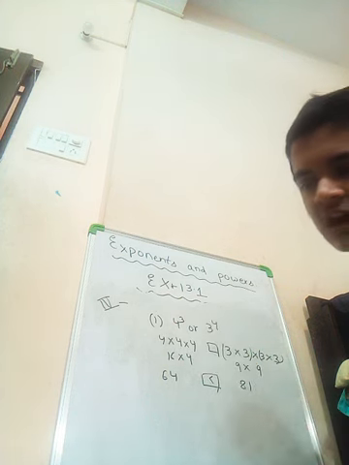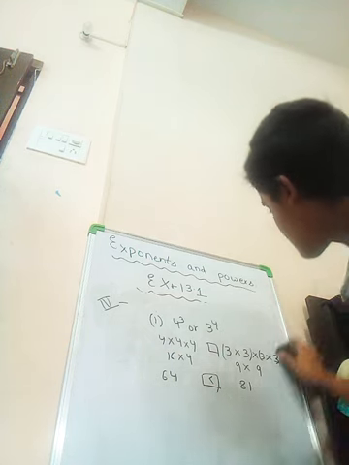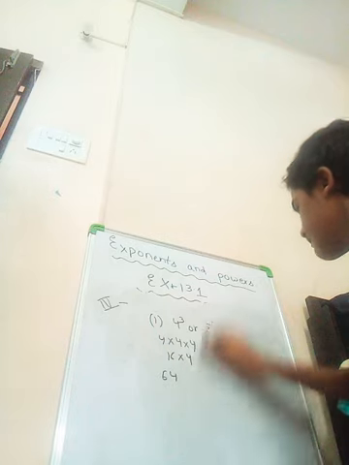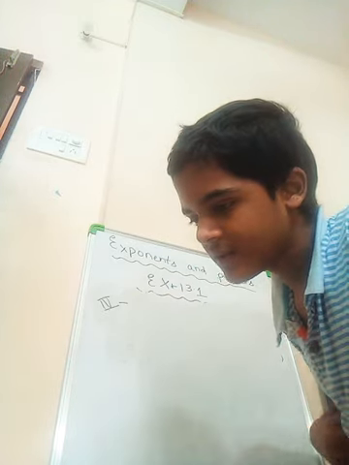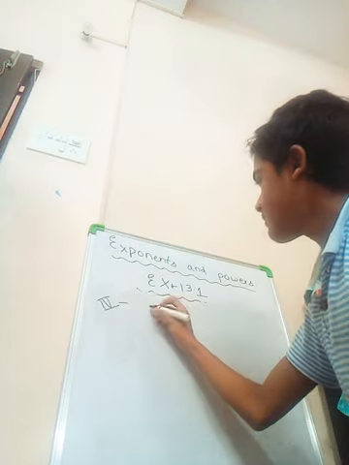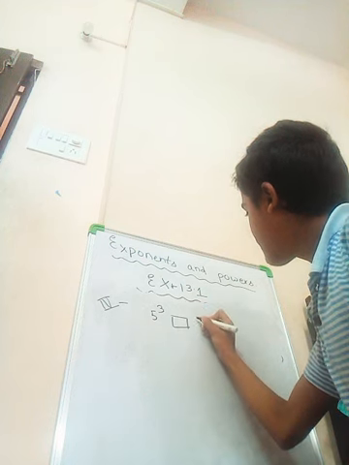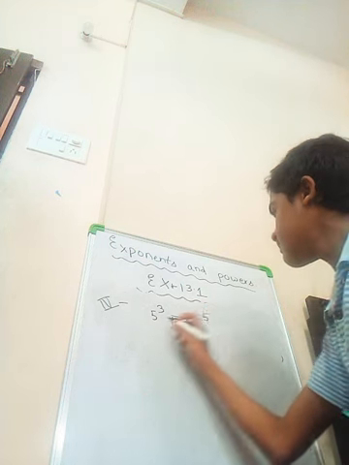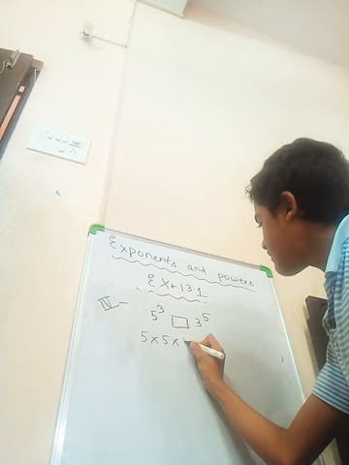So understood, guys? Now shall we go for our next question? Our next question is 5 to the power 3 or 3 to the power 5. 5 into 5 into 5.